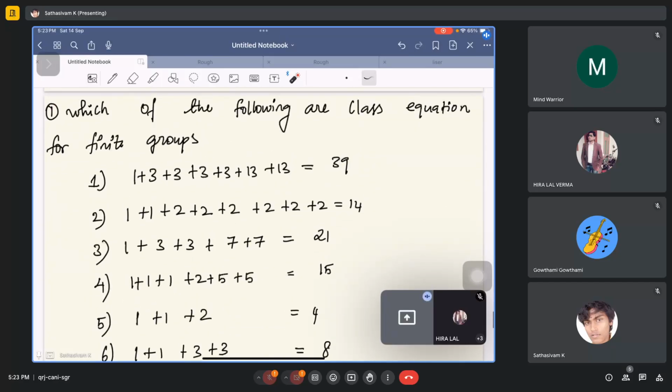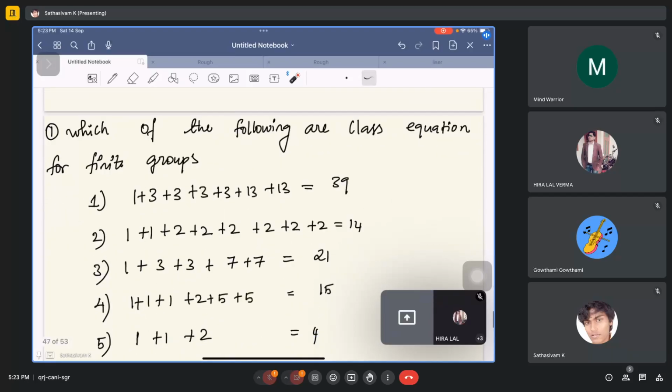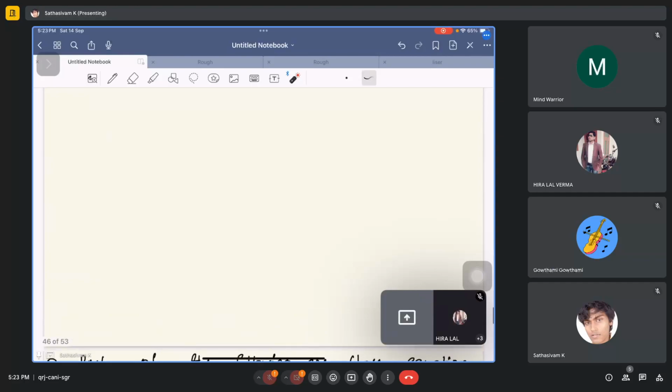Last time we dealt with some class equations, right? I'm not sure if I have to recall it, but at least I will write what a class equation is.